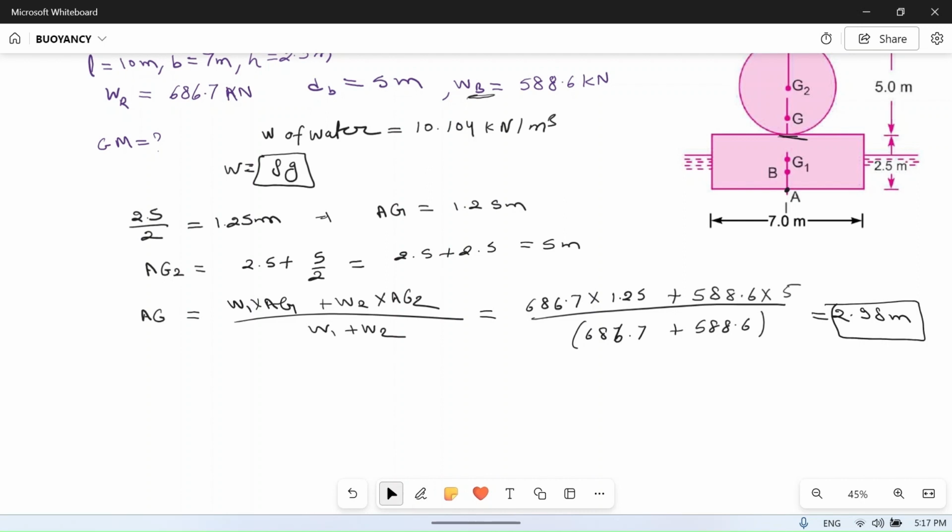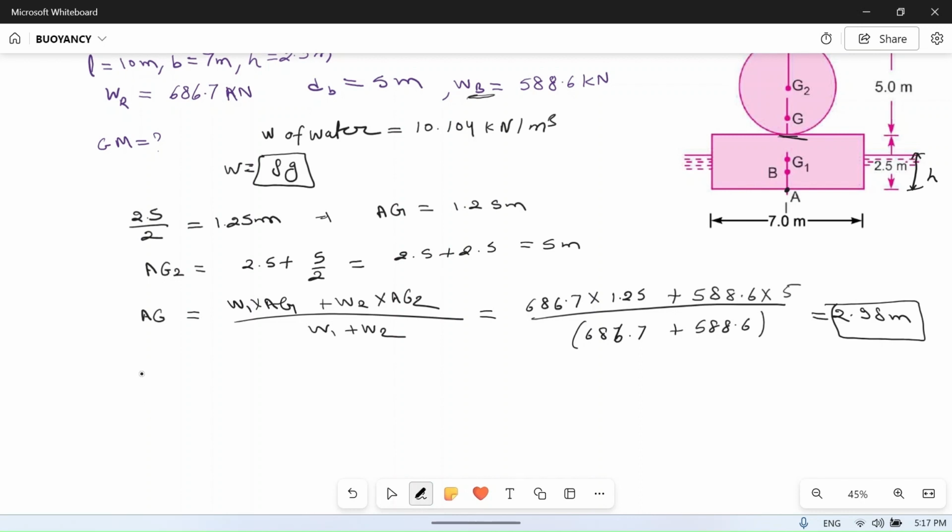Okay, suppose the depth submerged in water, H, is the depth of immersion. So weight of these two bodies will be equal to weight of water displaced.